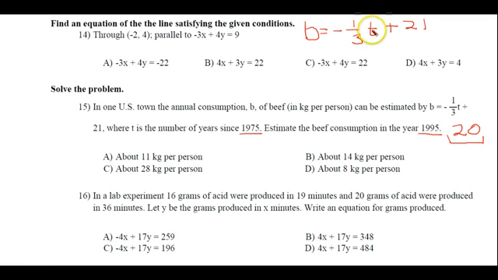Through the magic of an eraser, I'm going to put a 20 there. So what are they asking here? So I have a negative 1/3 times 20, so this is going to be a negative 20 over 3. I'm just multiplying that, plus 21.